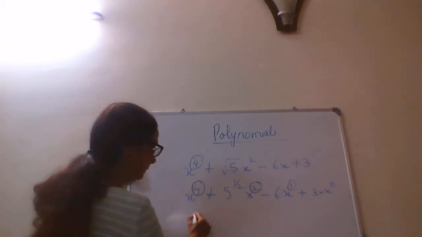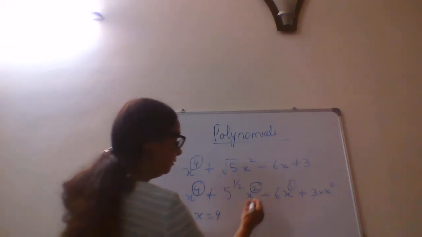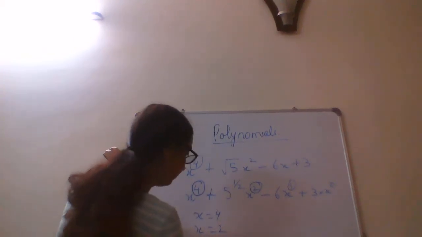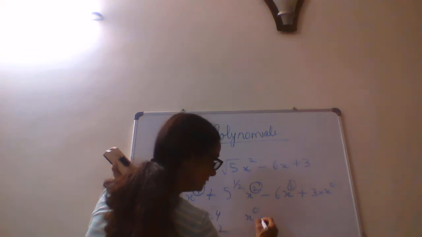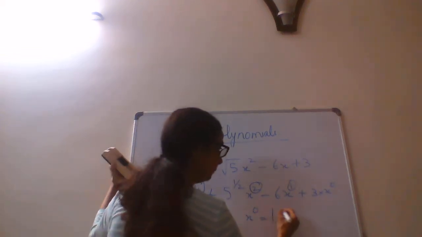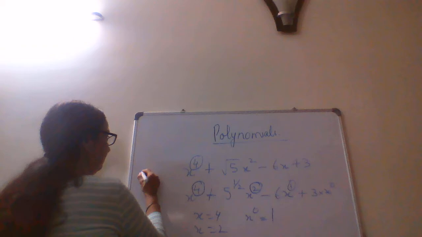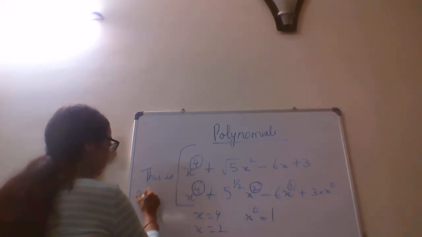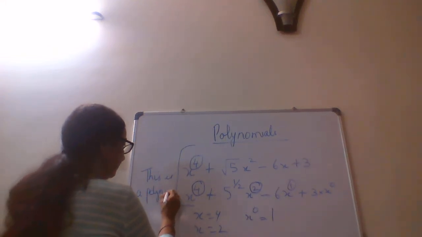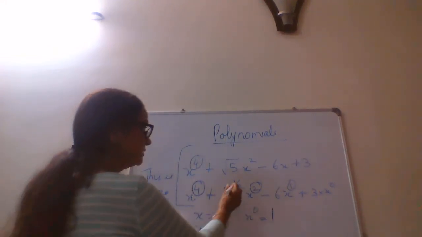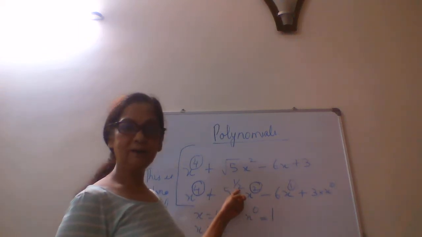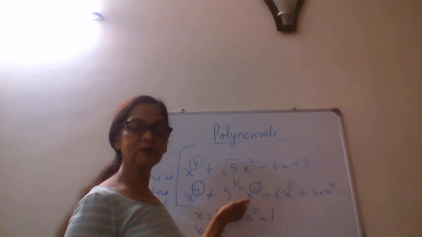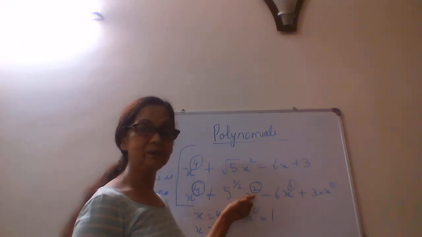X raised to the power 4 is a whole number, x raised to the power 2 is a whole number, x raised to the power 1 is a whole number, and then x raised to the power 0 is equal to 1. So this is a polynomial. Am I clear to you? You noticed in this example I gave you a constant which was not a whole number, but you don't have to look at the constant, you have to look at the variable x. As long as the power of x is a whole number, that will be a polynomial.